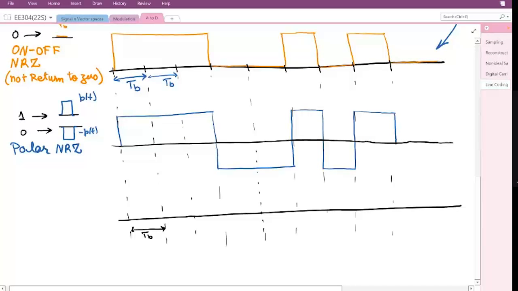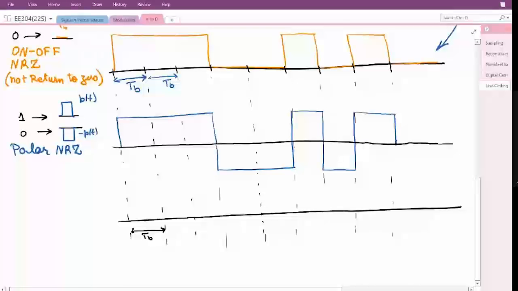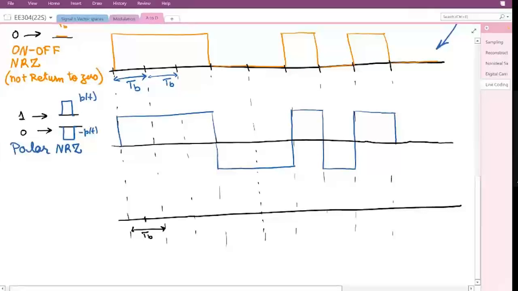Supposing we assume Tb by 2, in the first half, whatever value it is taking, let us take the equivalent of on off keying. But in the second half, it necessarily has to return to zero.